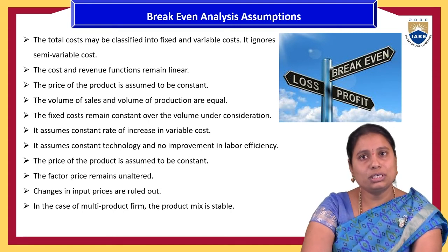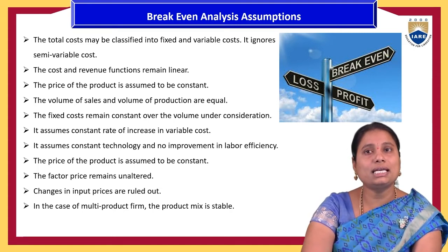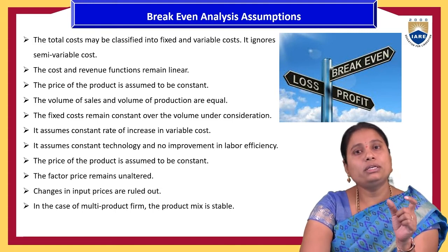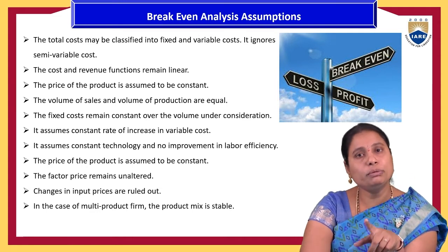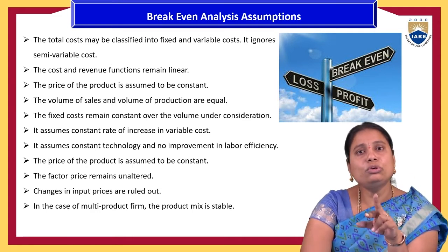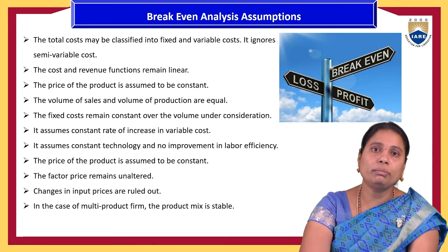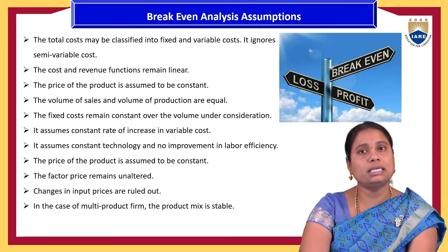And it also assumes a constant rate of increase in the variable cost, which means if one unit's price is 10 rupees, then the price of 2 units is 20 rupees only. For the 2 units, if it becomes 18 rupees, again the break-even analysis will change because the cost changes.